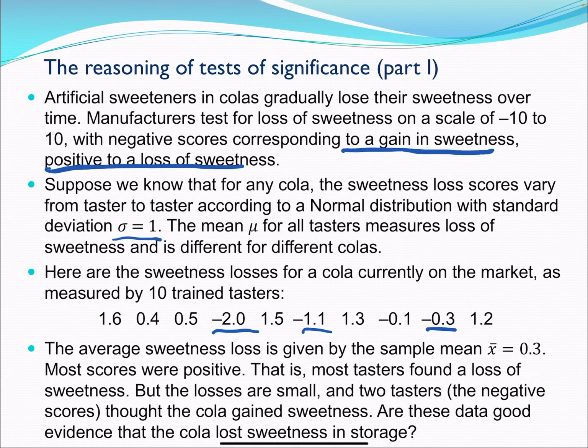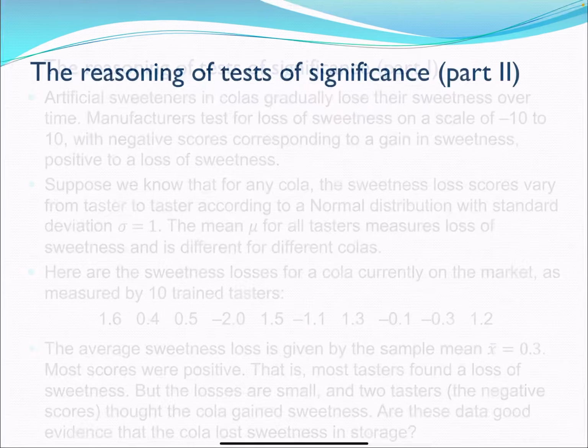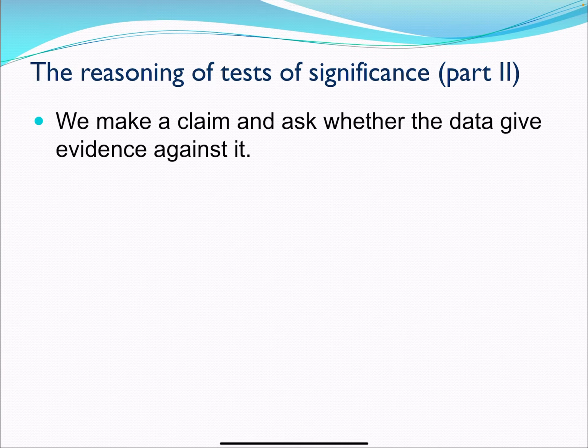Are these good data that evidence that the cola lost sweetness in storage? Is this enough evidence? Well, what we can do is make a claim and ask whether the data give evidence against it.